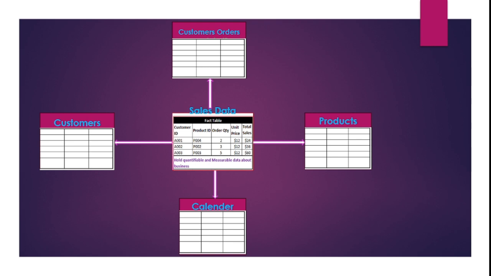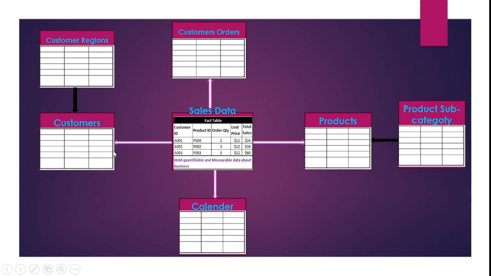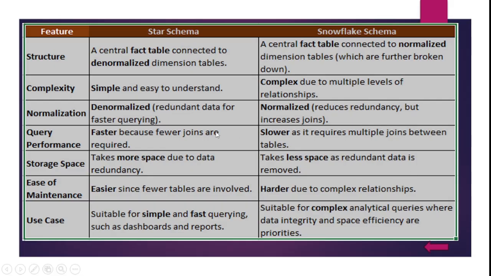As opposed to when we go to Snowflake schema, we have 2 additional joins, which are now 6 joins. So that means that when it comes to query performance, Snowflake schema is slower, as it requires multiple joins between tables, and this one requires fewer joins.